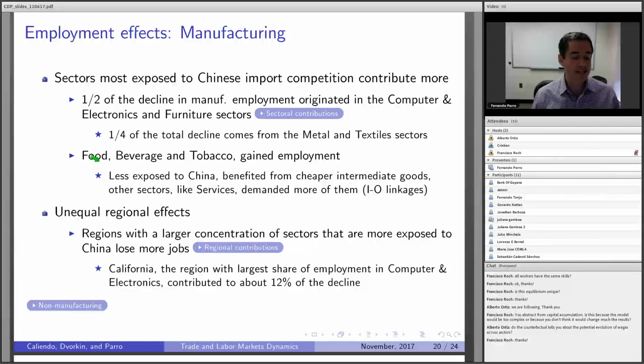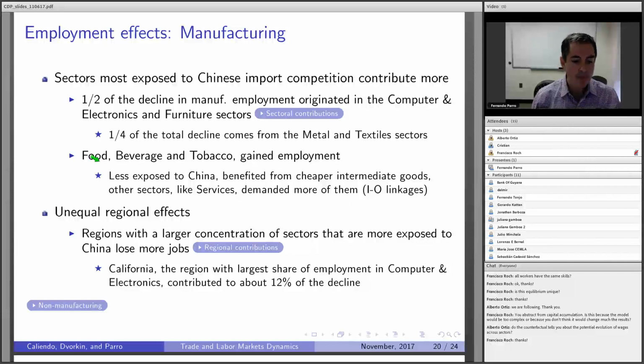Then we do the same for regions. We want to quantify which regions contribute most to this aggregate decline in manufacturing employment.